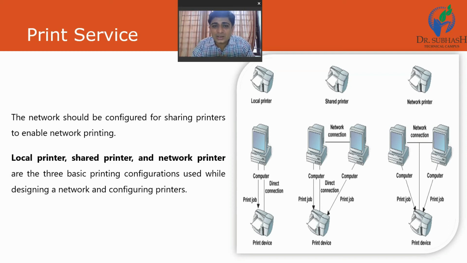Now there is a question: if there are multiple printing jobs provided by different computers, how will the printer work? There are some algorithms implemented in the printer, and using these algorithms, the printer works.